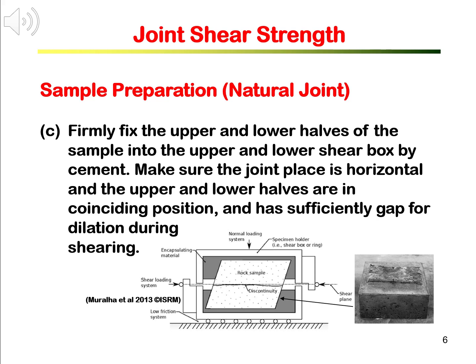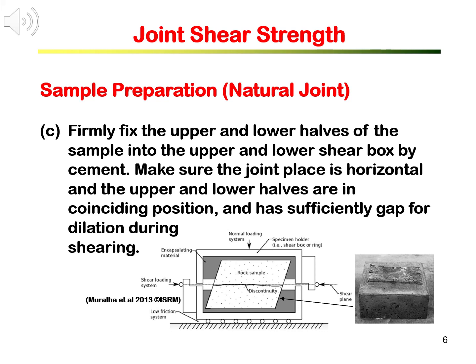The next step is to fix the joint specimen in the shear box. This is done by mounting the upper and the lower halves of the joint specimen into the upper and the lower shear box by encapsulating materials such as cement, as illustrated in the diagram below.